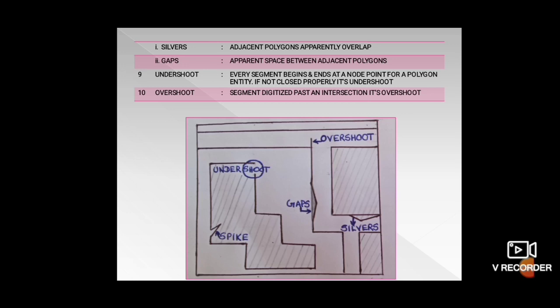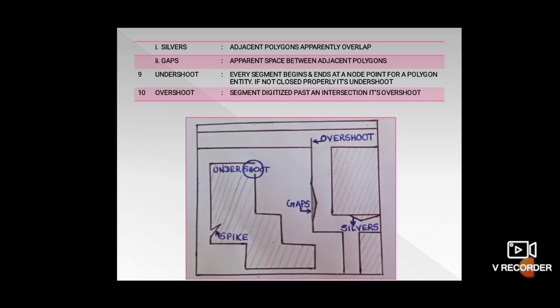Towards the top right corner, there is a plot that has been shaded, and near that plot some road or some polygon is located. While the operator digitized that polygon, some area of the unshaded portion was also included in the shaded plot, and that overlapped.